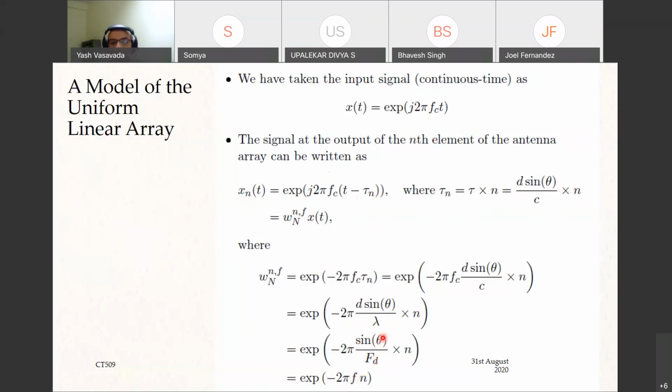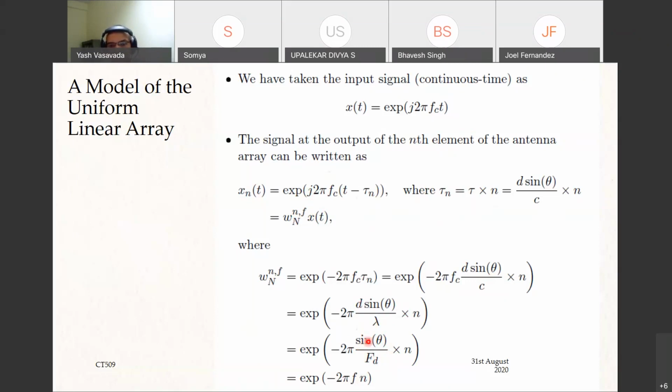And so then what we conclude is that this capital F of D is sort of like our sample rate, except this sampling is something strange. It is lambda divided by D. And this sine of theta is like capital F, but that also doesn't seem like any frequency as such, but it plays the role of frequency.